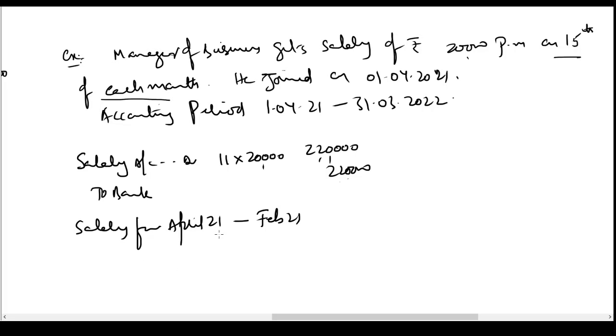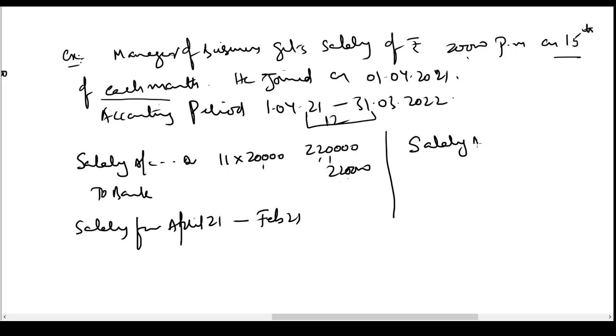They have been paid. Now what about the salary for the month of March 22, which is a part of our accounting period? Our accounting period is for 12 months. So March 22 salary will be paid on 15th of April 22, which is not a part of our accounting period. So even though it is not paid, we have to recognize the expense.